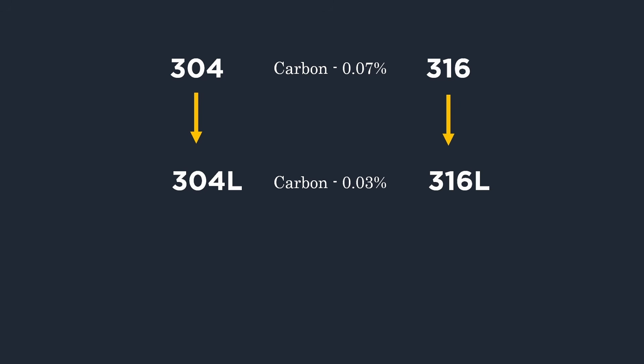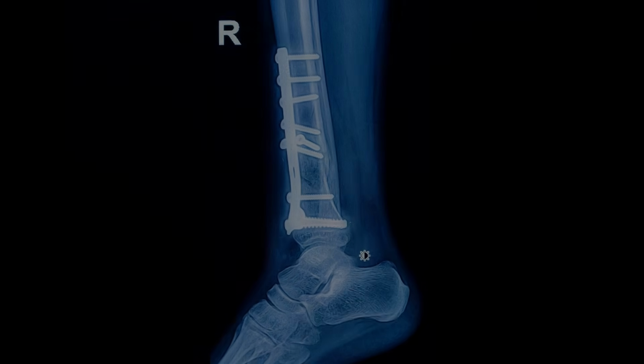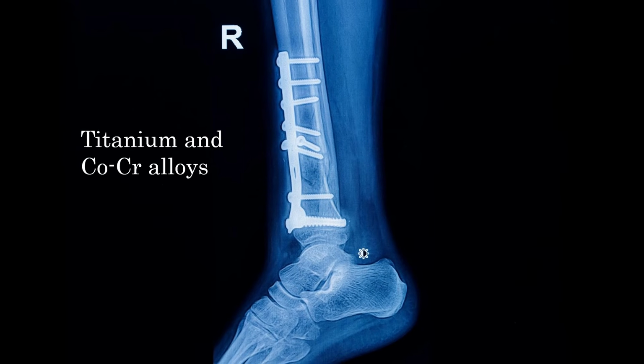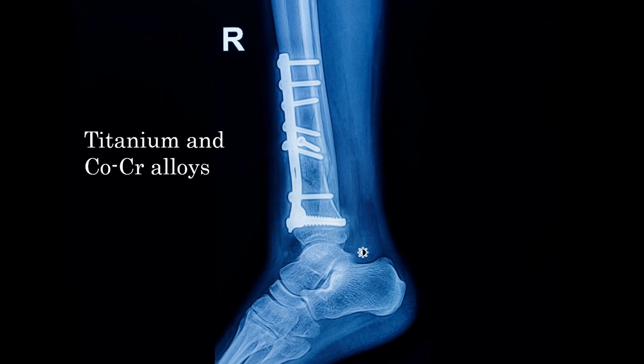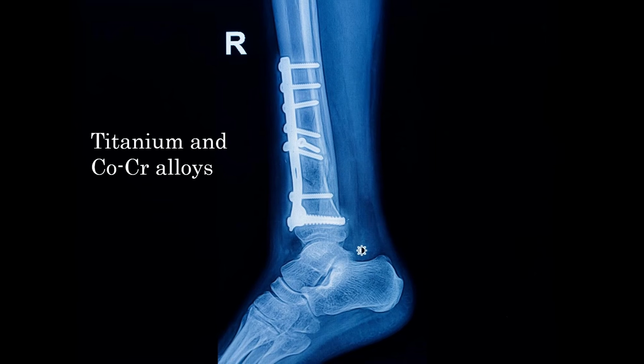They contain carbon below 0.03%. So they are used in medical implants, surgical wires, bone plates, screws, but for permanent implants, titanium and cobalt chromium alloy are still preferred because they have better wear resistance and long-term biocompatibility.